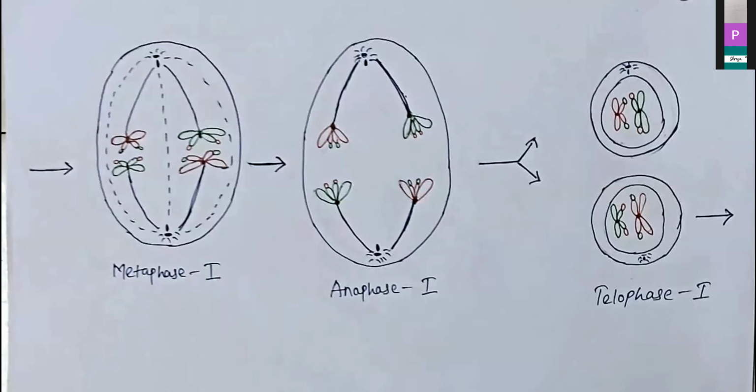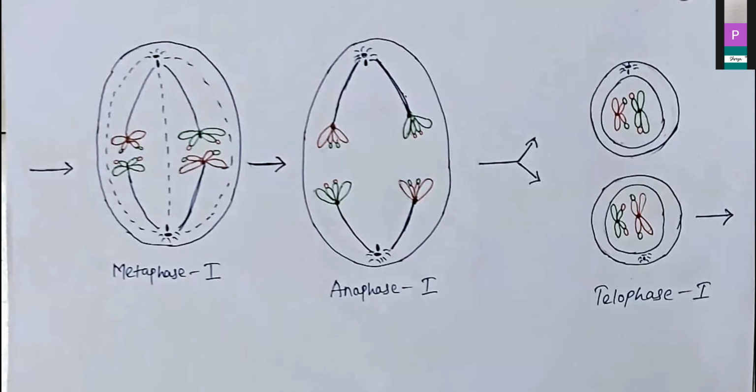In metaphase 1, you can see the meiotic spindle is already established. The developing microtubules will go and attach to the chromosomes as usual, but the pattern is a little different.